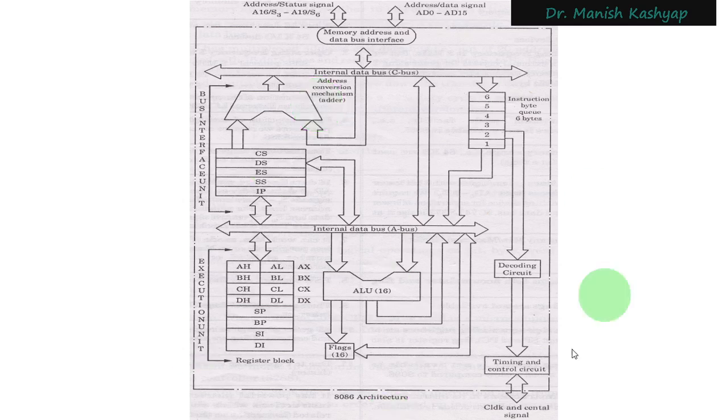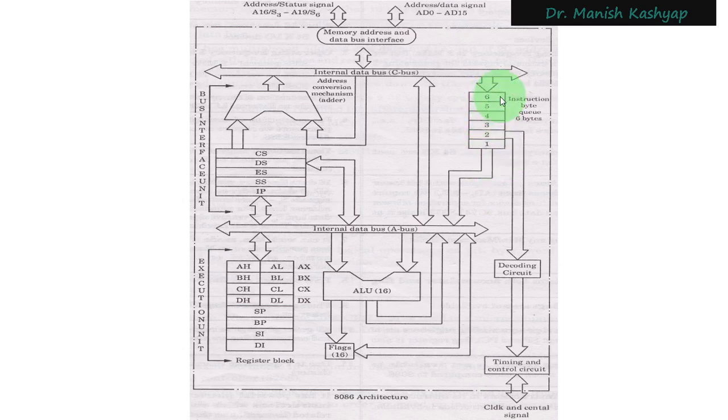If you look at the architecture of 8086 again, you are already familiar with this. The only point of difference was the bifurcation into the bus interface unit and the execution unit. Also, there were certain new components introduced, like these segment registers, which are used to keep the address of various sections of the externally interfaced memory. Then there is this instruction queue of 6 bytes.